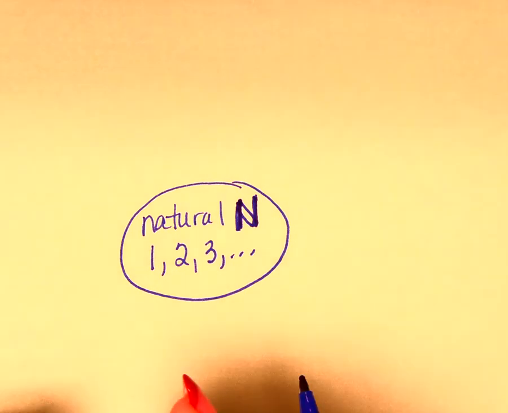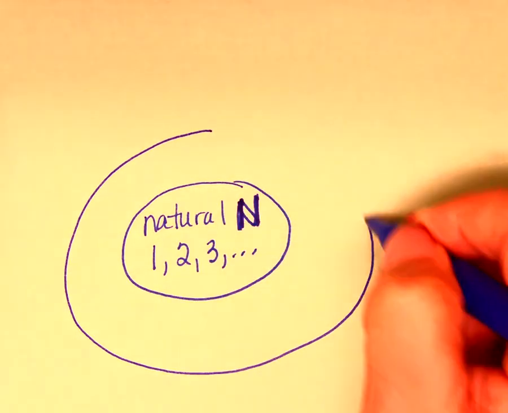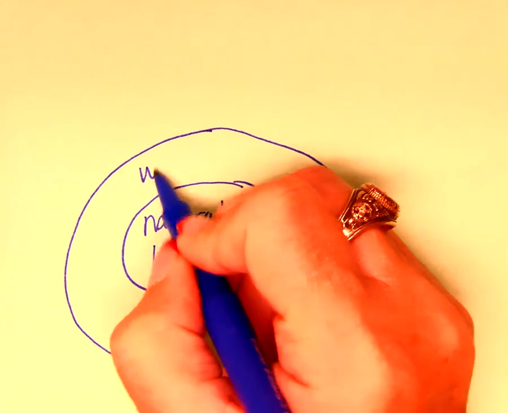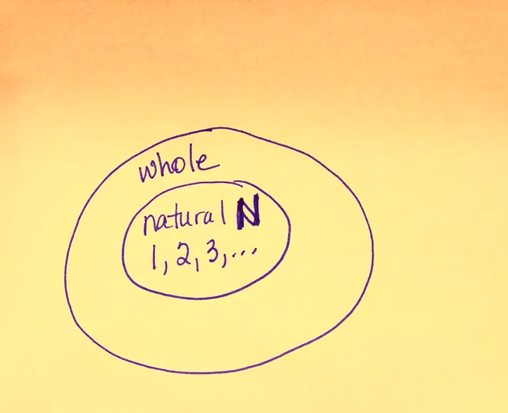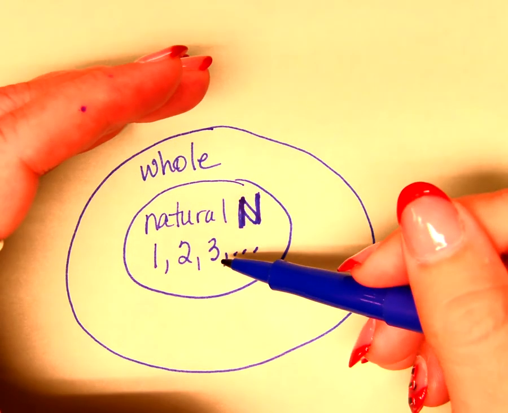Now, including all of the natural numbers, plus more, are whole numbers. Is 3 a whole number? Yes, because why? It's inside that oval, right? Now, is 3 a natural number?